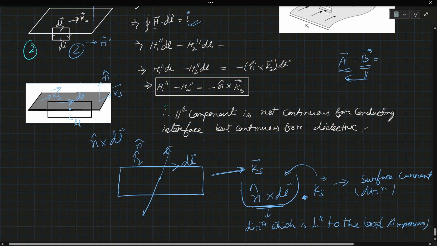Again, this is the current which is flowing perpendicular to this loop, through this loop, inside the loop. So this is the value of I, because we need the amount of current flowing through the loop, perpendicular to it.